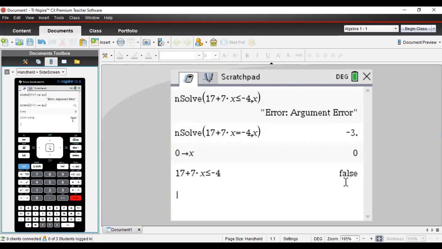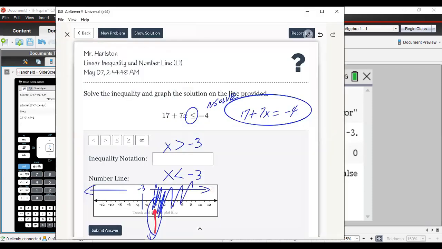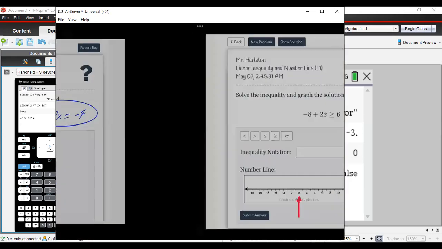So what that means, if I go back to my iPad, is that this or anything over here to the right is not in the solution. That means our solution is going to the left. So that's going to be the answer: x is less than or equal to -3. Closed circle.